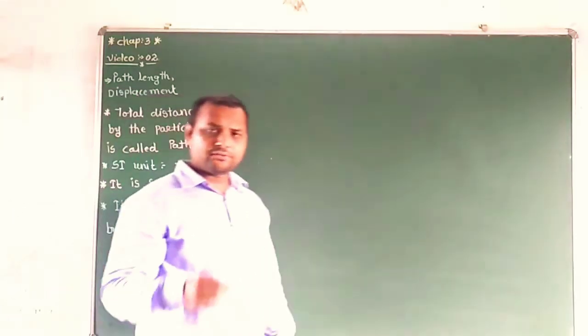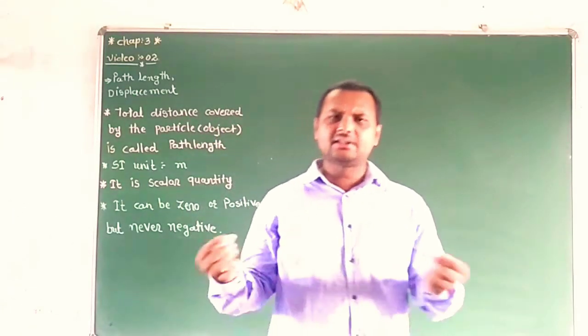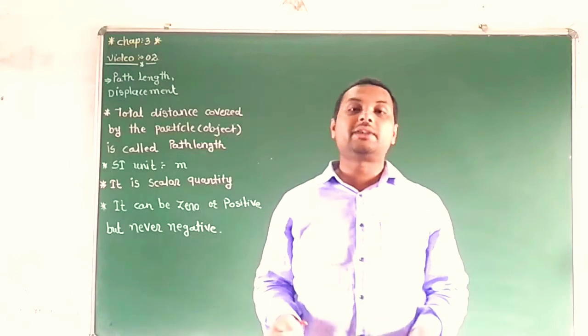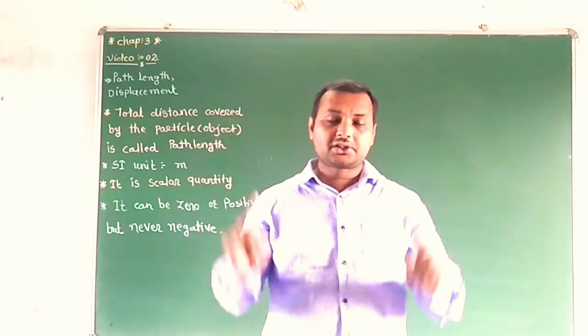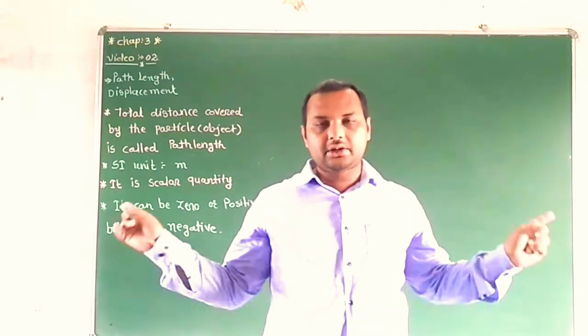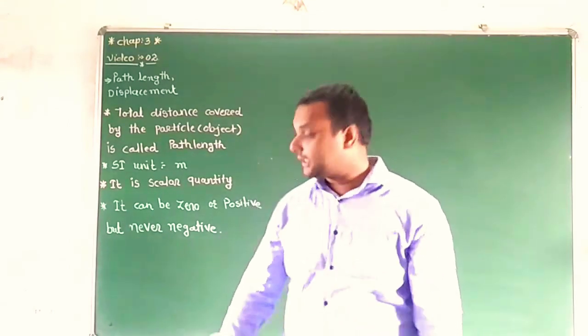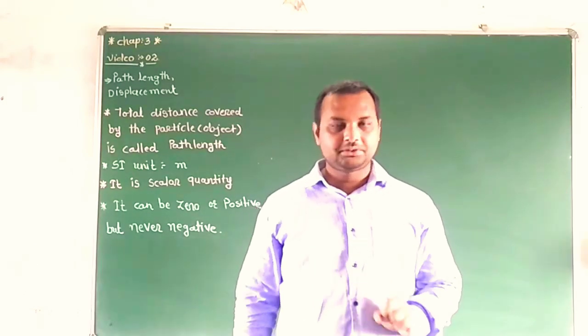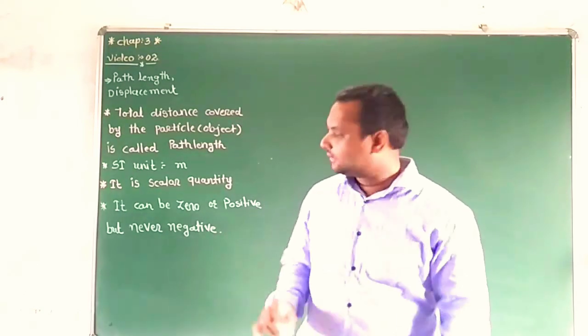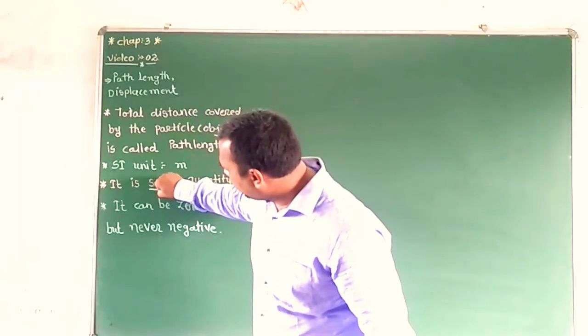Okay, this means if the object is steady, then path length is zero. It did not cover any distance. If it starts its journey, then the distance covered in either direction is always positive. It is never negative. कभी भी वो negative नहीं होगा. ये इसकी important characteristic है. Okay, and it is scalar.